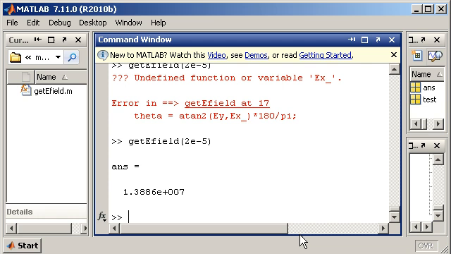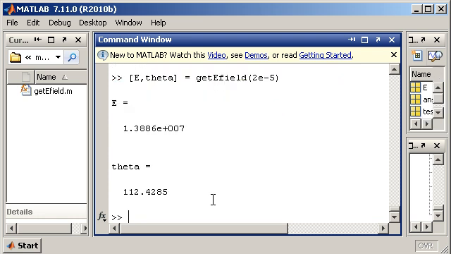Alright, so it calculated something. It gave us back just one of the values. You could use any variables here, but I'll use E theta because they make sense to me. Equals get E field of 2e times 10 to the minus 5th. We get both of them, so all it gave was the first one.